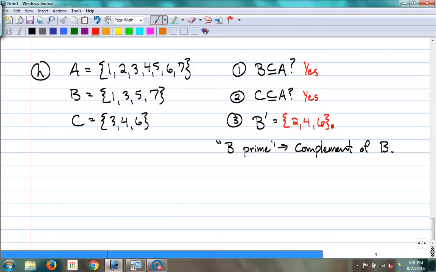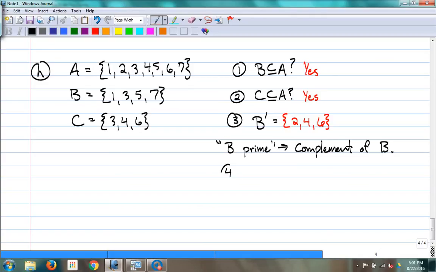That would be the complement of B. It's the elements of the larger set that are not in B. So B prime, B with an apostrophe on it, means it's the complement of B. What's not in B in the universal set.